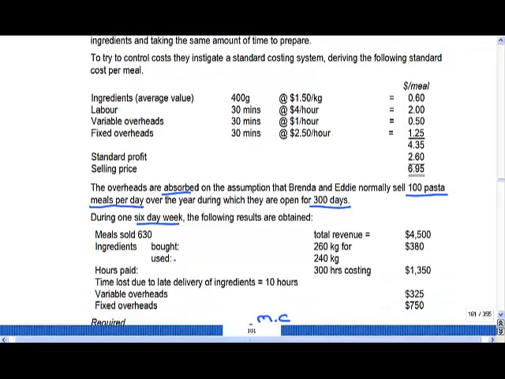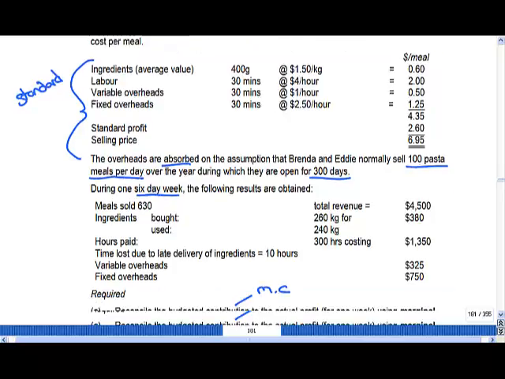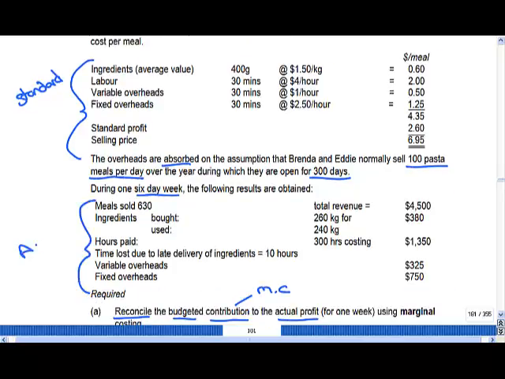Okay, we then get some actual data. So this piece up here is our standard data. We then here have our actuals. And in terms of that actual data, 630 meals bought.